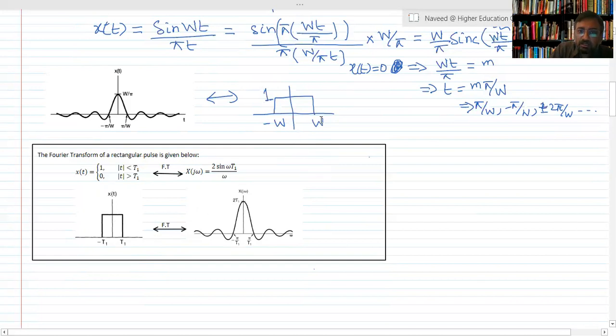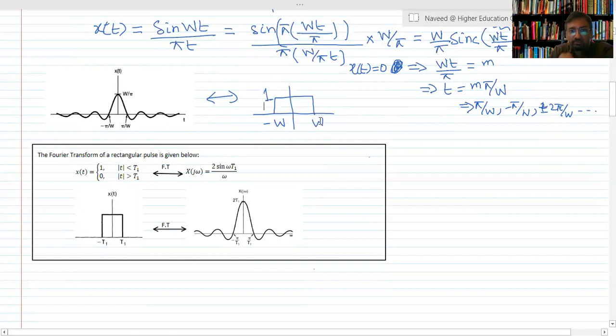Similarly, here again we see an inverse relationship between this capital W and the zero crossings of the Sinc function in the time domain. If we increase the value of W, pi over W decreases. In the extreme case, when we make W approach infinity, I have pi over W here and W over pi here, so this will approach an impulse function.